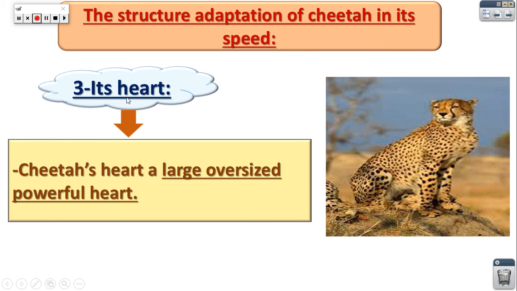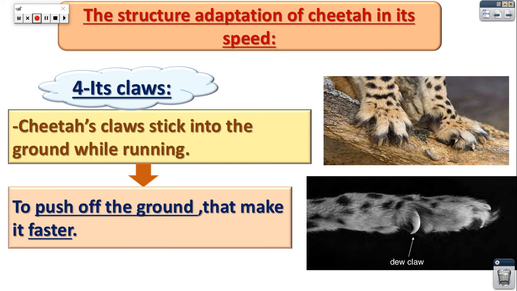Let's go to adaptation number 3, which is the heart. The heart of the cheetah is oversized, very large and powerful or strong. So it has a big and strong heart to pump the blood faster, so he can give each part of its body the energy so it can move fast.